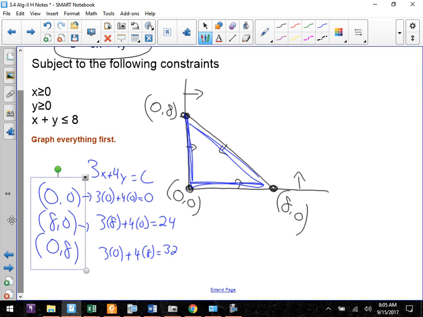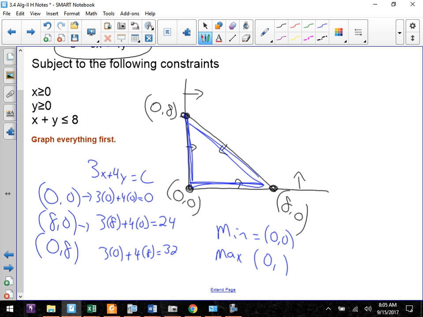Oh, my minimum is at 0, 0. My maximum is at 0, 8. And you can just say, here's your maximum, here's your minimum, and just list it like that if you'd like. And that's fine. Sometimes they'll ask you, what is the maximum value? The maximum value for this function would have been 32.